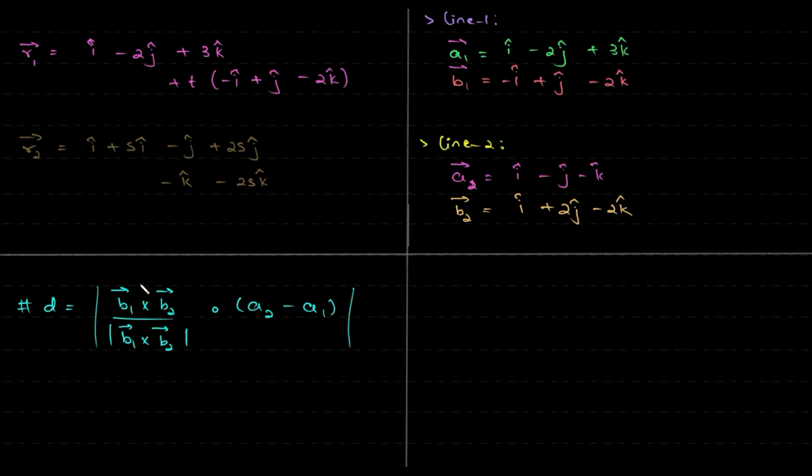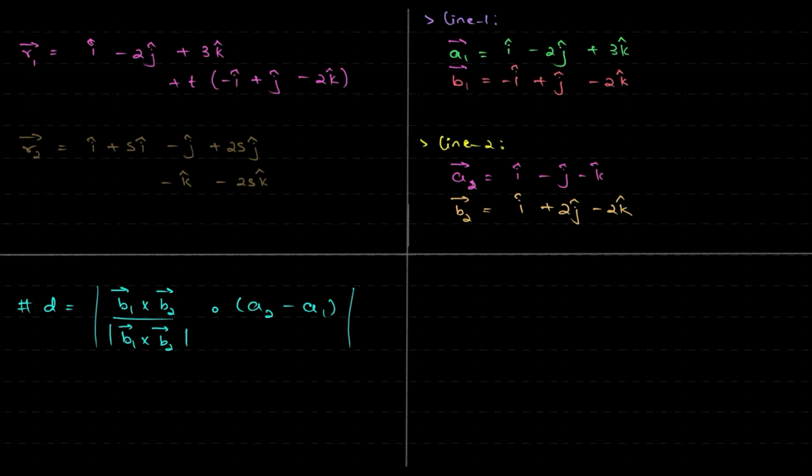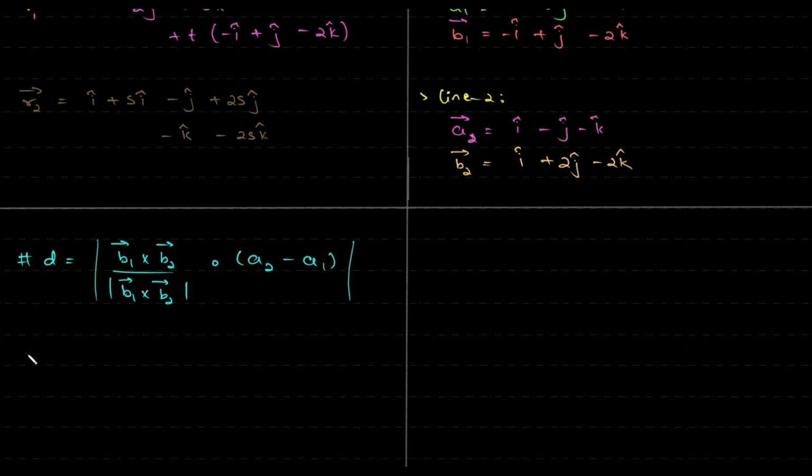So this being projected onto this will give us the distance. I remember the derivation, that's how I remember the formula. The formula which I've typed over here is wrong; it should have been minus. But I'm clear with my derivation and thinking, so I know the formula properly. That's how things become a lot easier.